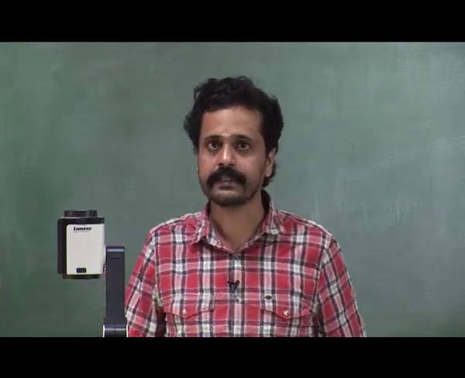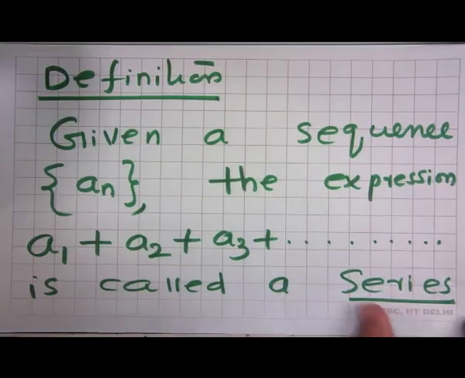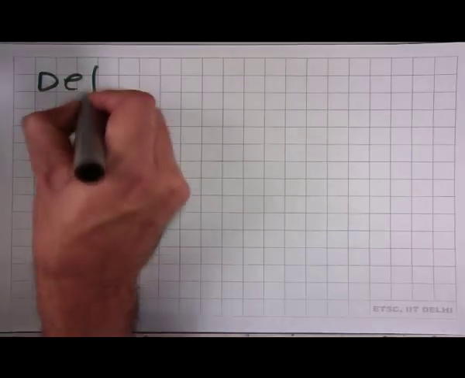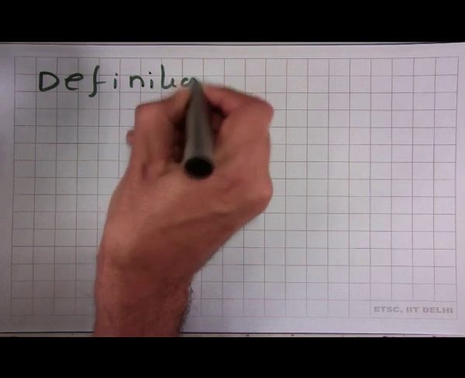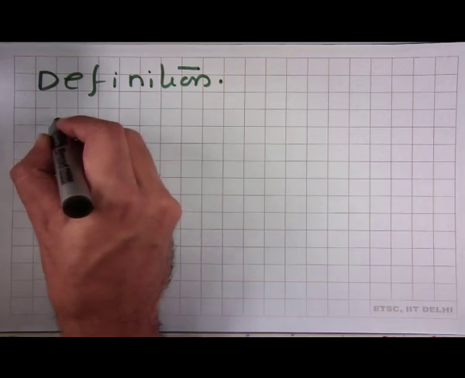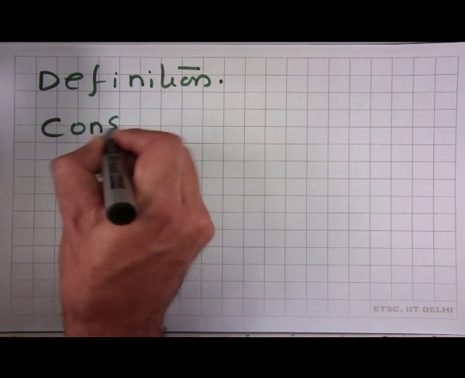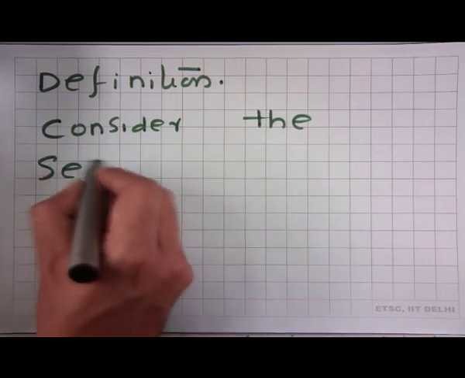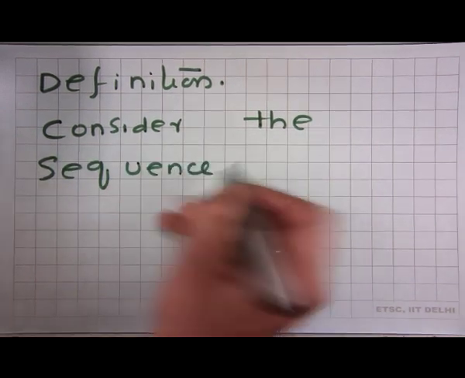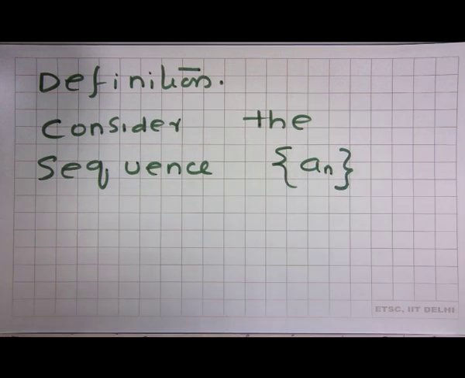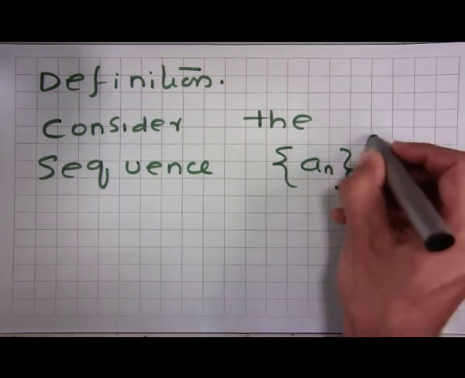Having defined what a series is, let us proceed with one more definition. Consider the sequence an, n equal to 1 to infinity.